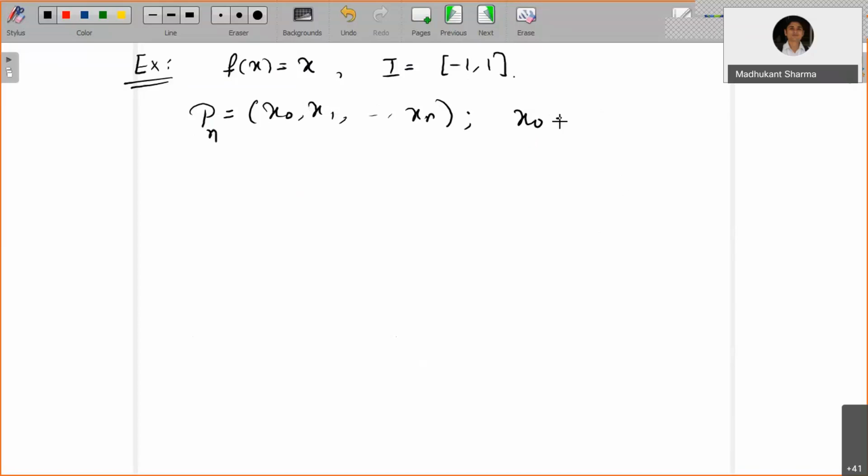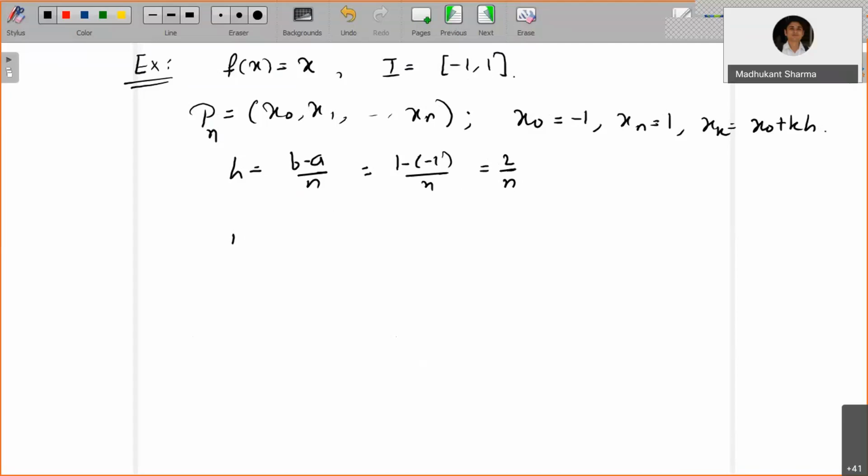Now x0 is equal to -1, xn is equal to 1, and xk is equal to x0 plus kh. What is h here? It is (b minus a) by n, so that is (1 minus -1) by n, which equals 2 by n. Now Ik is the kth subinterval, that is [xk minus 1, xk].